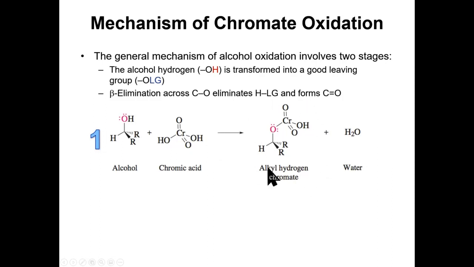This gives you an alkyl hydrogen chromate as a kind of ester. This is the first step, and it is an equilibrium reaction, so it doesn't matter what kind of alcohol you have. Even if you have a tertiary alcohol, this reaction still happens. So let's see if you have a tertiary alcohol.